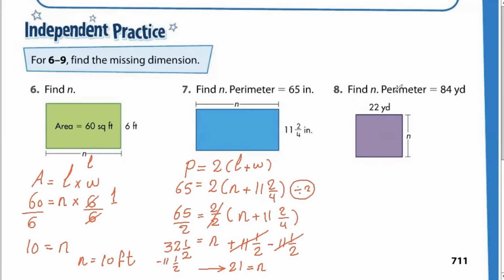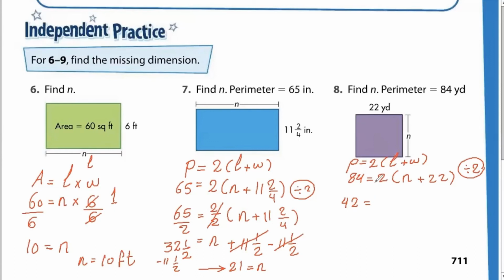Number 8, find n. The perimeter is 84 yards. To find n, I will write the formula of perimeter, 2 times length plus width. I will put the value of each variable. Perimeter equals 84 equals 2 times. Now the first step, I will get rid of 2 by dividing by 2. 84 divided by 2: 8 divided by 2 equals 4, and 4 divided by 2 equals 2.